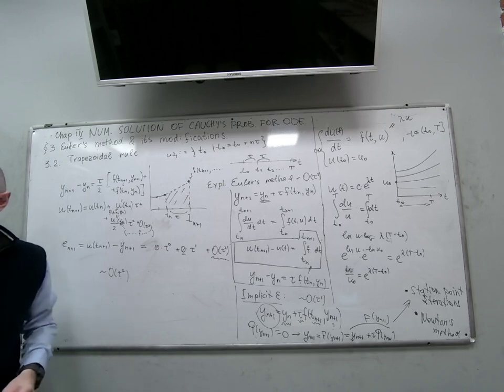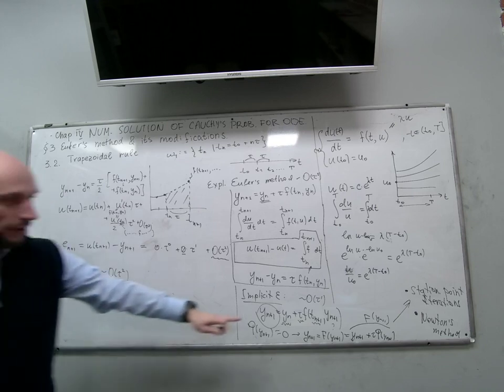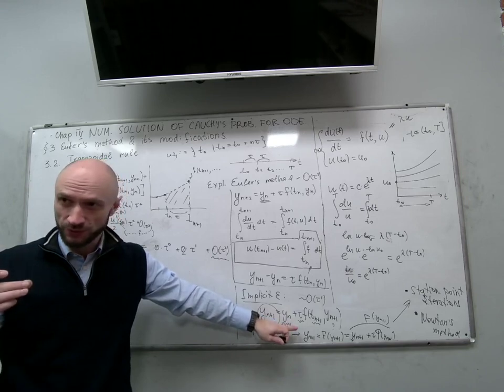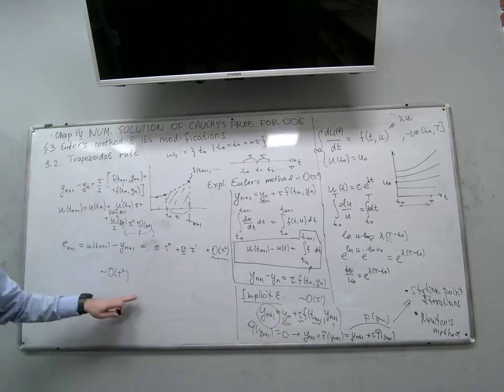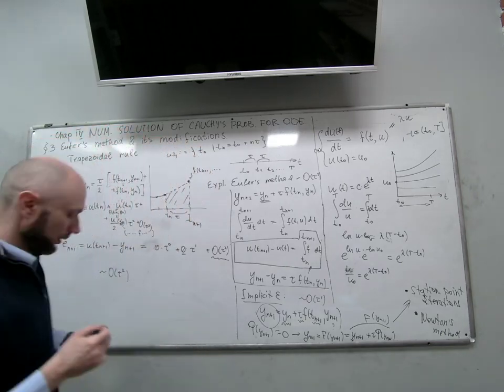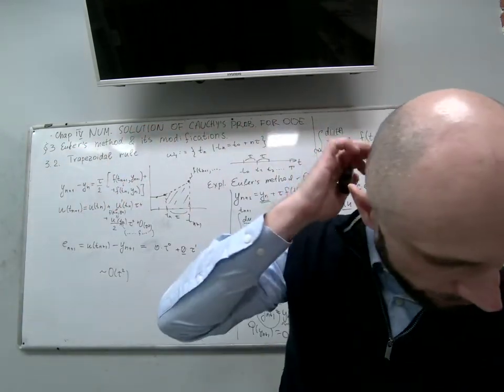Yes, we get 4 times more accurate solution. Here we made our step twice smaller and we got the solution twice more accurate. Here 4 times more accurate. It is better. What else?